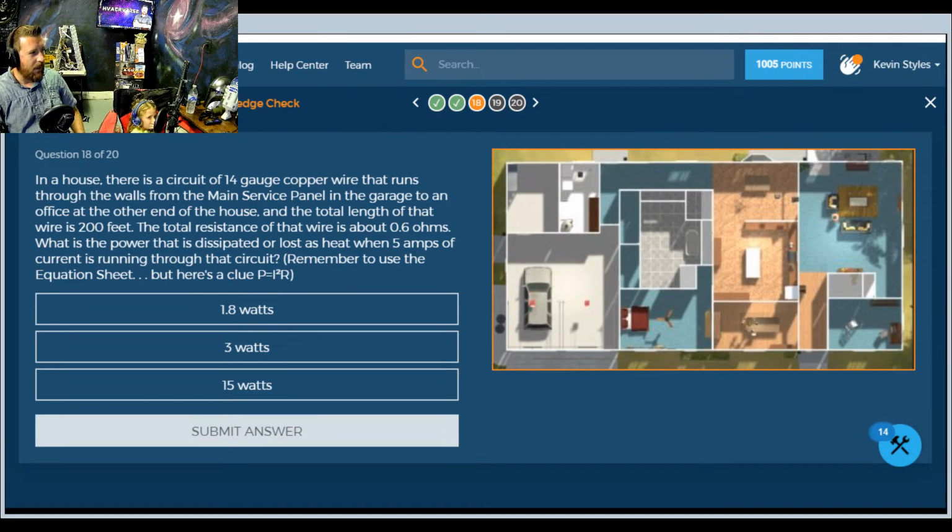What is the power that is dissipated or lost as heat when 5 amps of current is running through the circuit? Remember to use the equation sheet, but there's a clue. So we need to square our amps.